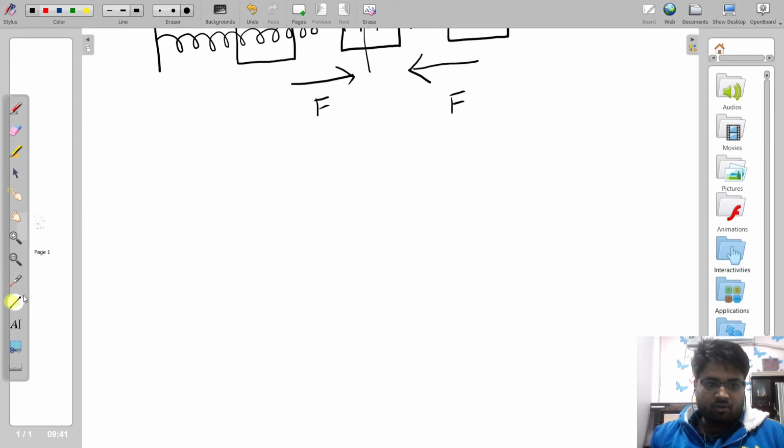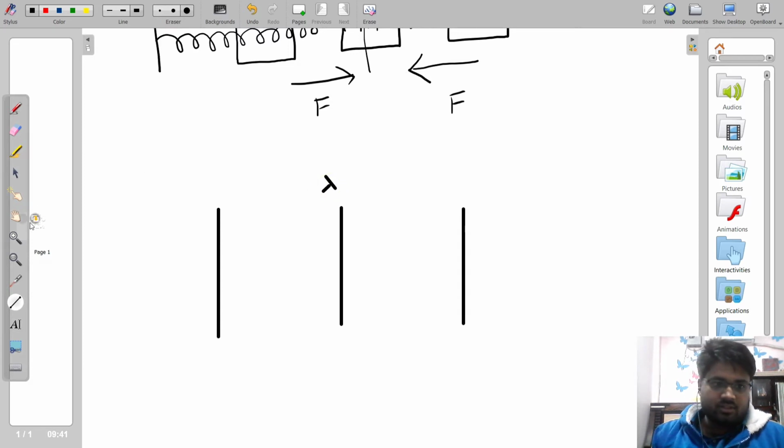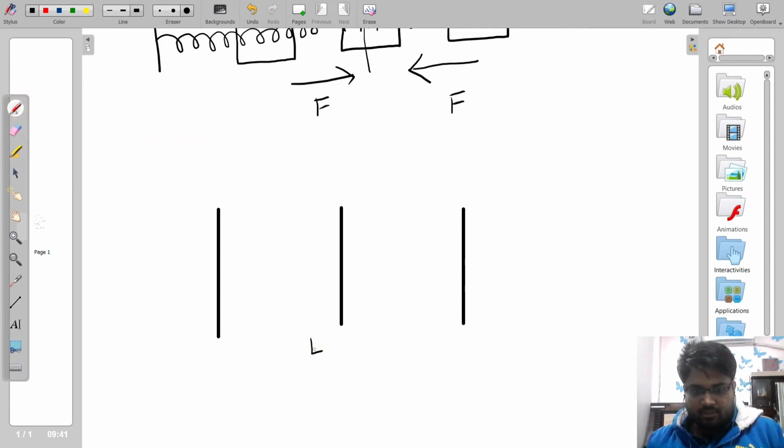If I draw a line of equilibrium position, and this is the line of extreme positions. This is the equilibrium position, also known as the mean position.